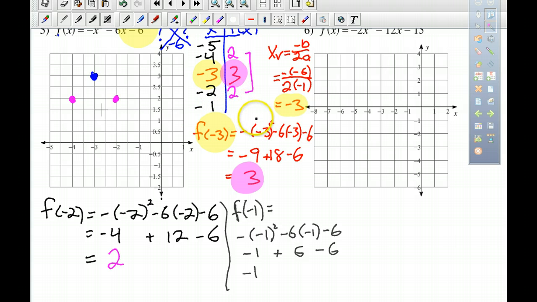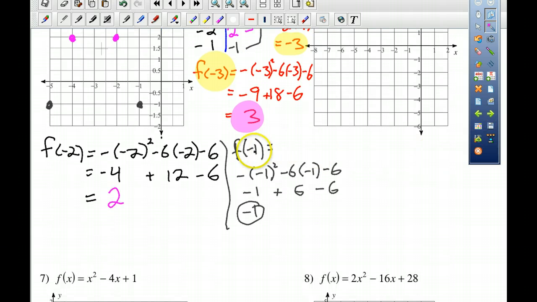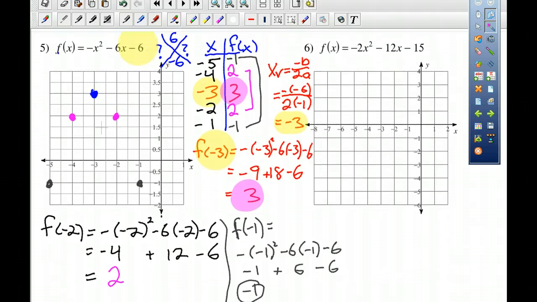What did you get? So plug in negative 1 for x, f of x equals negative 1. On the other side, negative 5 will give you an answer of negative 1. Negative 1 gives me negative 1, and negative 5 gives me negative 1. Now we have a complete graph.